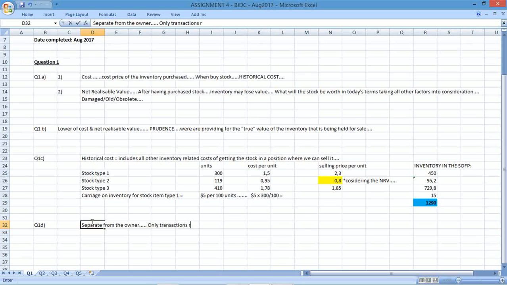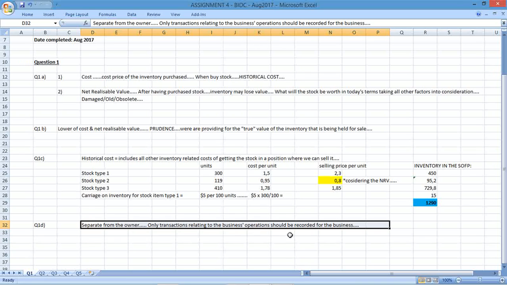Only transactions relating to the business's operations should be recorded for the business. What's the business's is the business's, so the business will record only transactions that pertain to it, specifically in the actual accounting records of the entity.